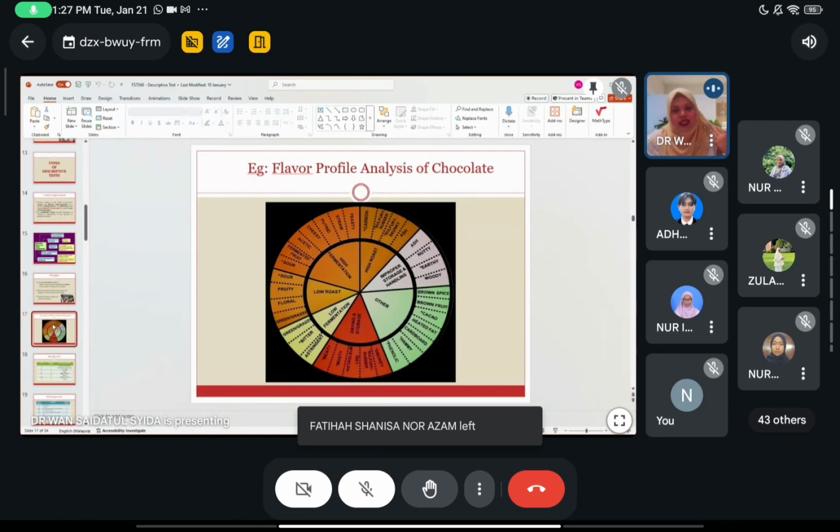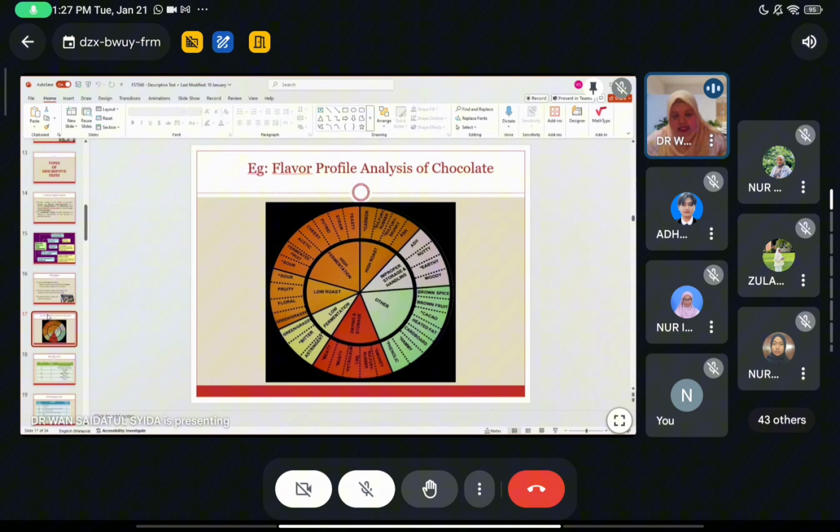So if you are analyzing anything related to chocolate, and you are asked to determine the profile analysis, or to design the flavor profile analysis, these are all the attributes, and these attributes must be related to whatever product has been stated in the question. And the attributes must be very specific.